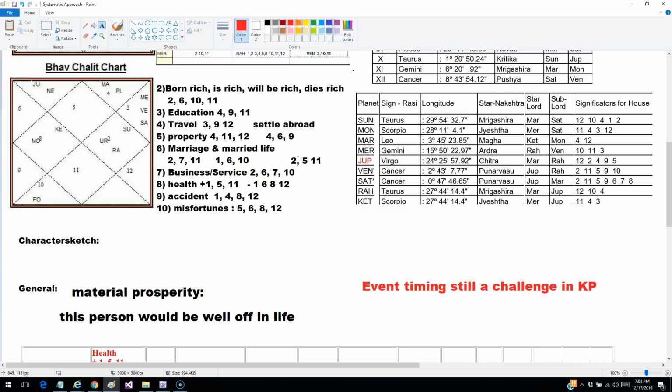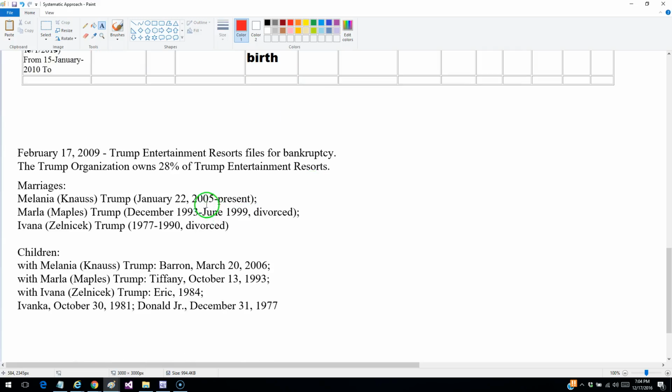He won the presidential election and is going to be the president of the USA in January 2017. If you search the web for his chart, you will get a real accurate birth chart, and it has a lot of events with dates, things that happened in his life. Some of the events I have already noted down.